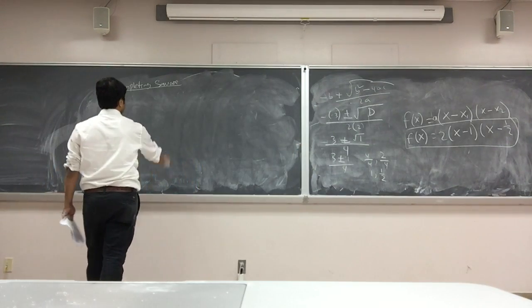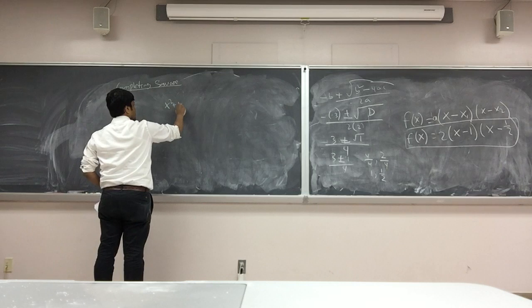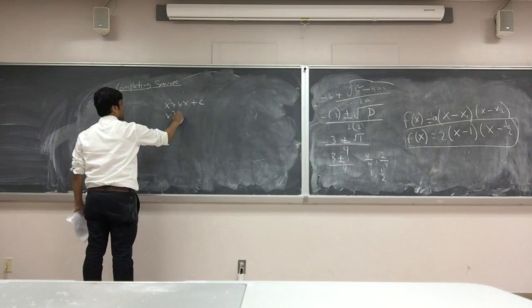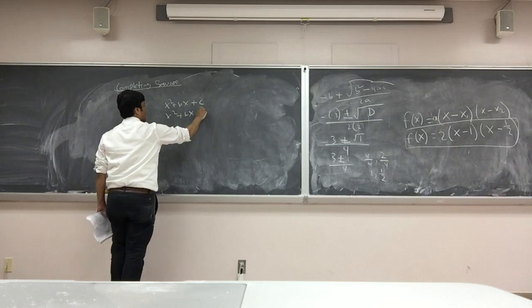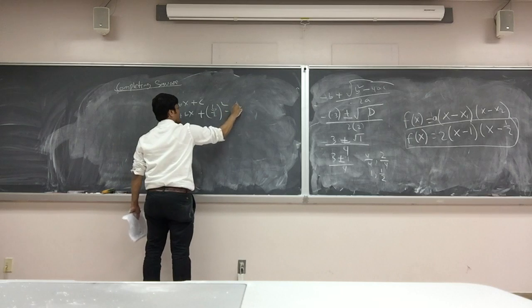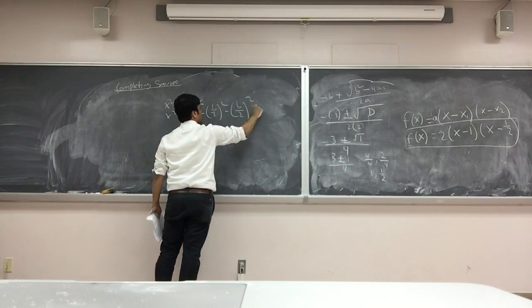Bx plus c, we can write x squared plus bx plus (b over 2) squared minus (b over 2) squared plus c.